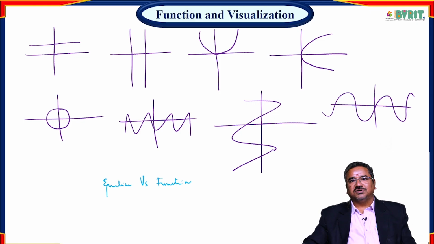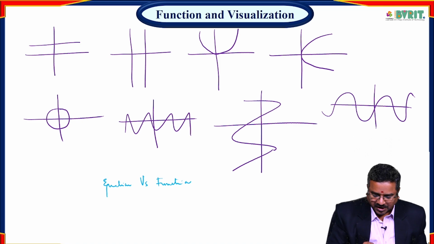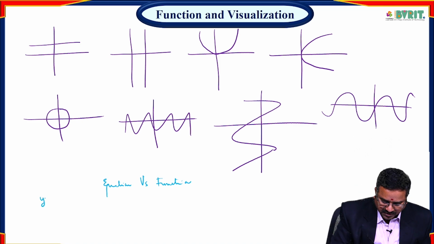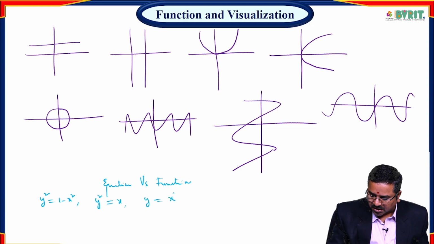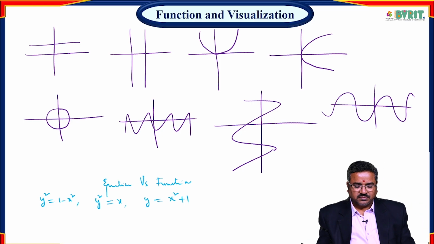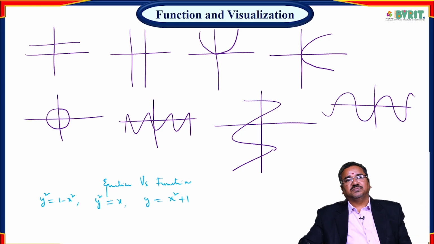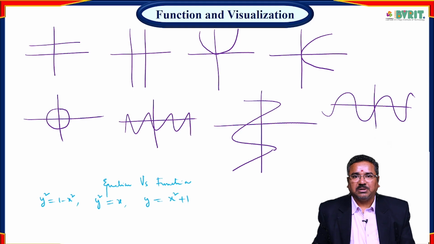Whatever you write, they are functions. For example, y square is equal to 1 minus x square, y square is equal to x, y is equal to x square plus 1. All these are equations, but are all these functions? Just think about it. I will clarify after this explanation.